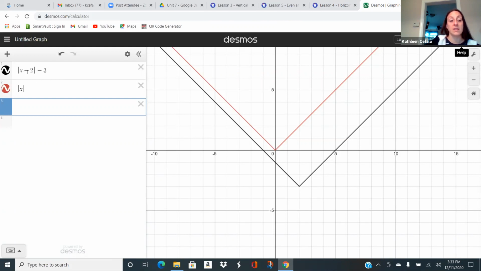And because this is with the x, we know we should be shifting it, looks backwards, right 2. Okay, so checking this out, actually, think about what we just said. I should be going to the right, and then I should be going down 1, 2, 3, and there we go. So that vertex should be at 2, -3.